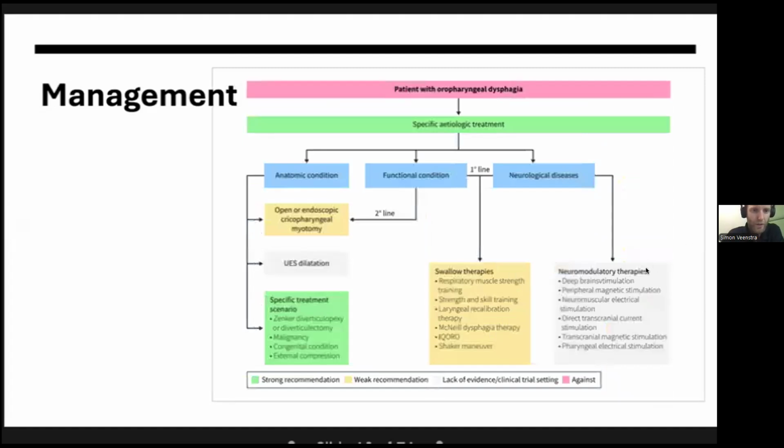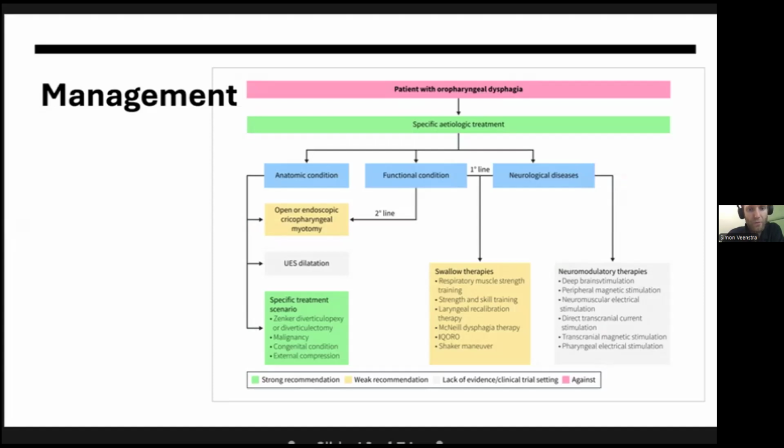Likewise, with oropharyngeal dysphagia, if it's an underlying anatomic condition, one might consider endoscopic or surgical treatment, depending on what the underlying cause is. For instance, myotomies for diverticulum. It obviously just depends on the patient, the underlying cause, and what one would consider the best way forward for that patient.